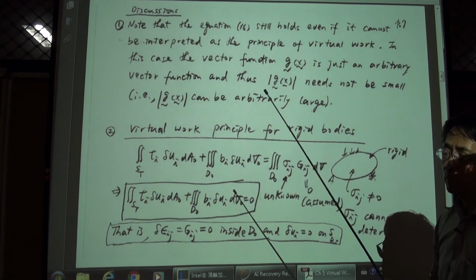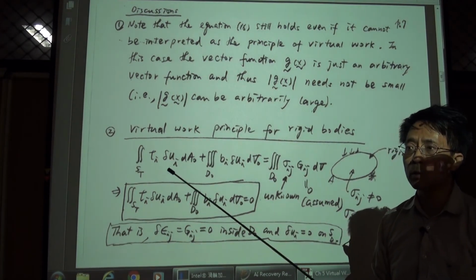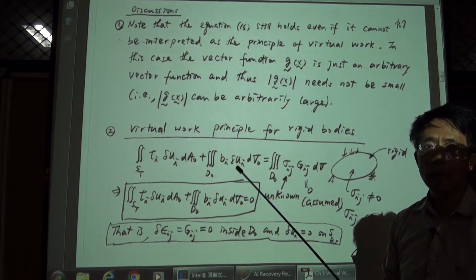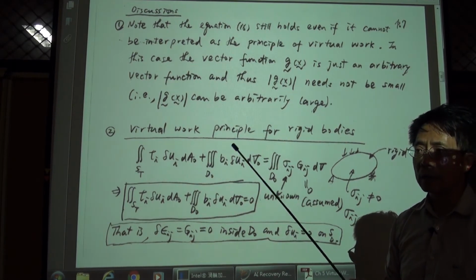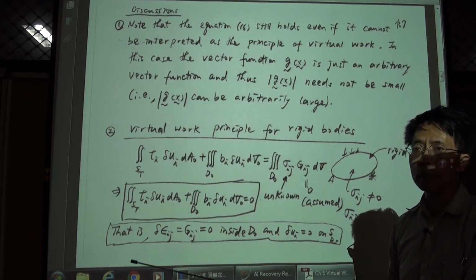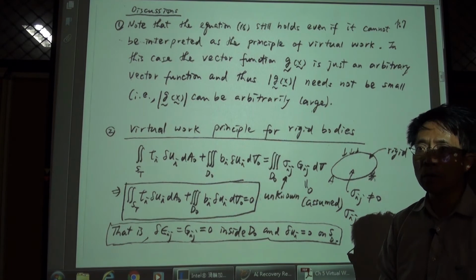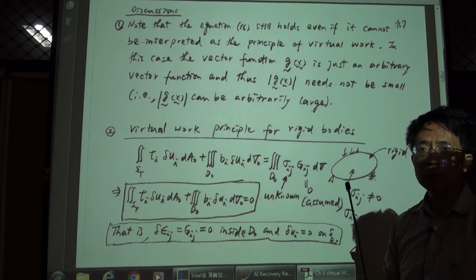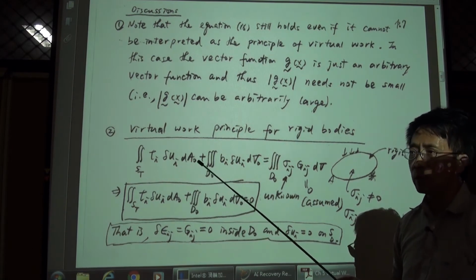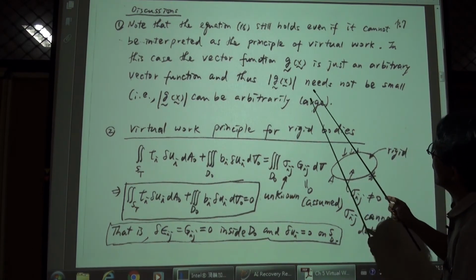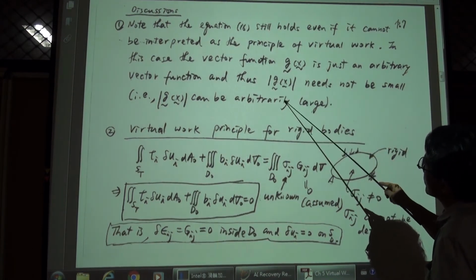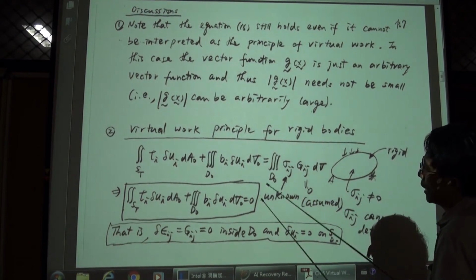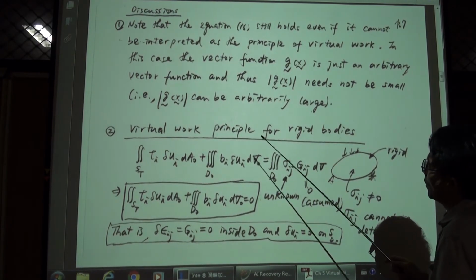Because we don't need to interpret it as the internal strain energy and external work, something like this, we don't need to say that the absolute value of this g must be very small.